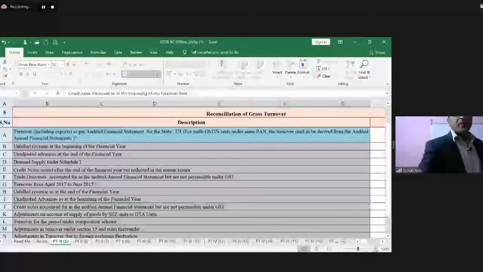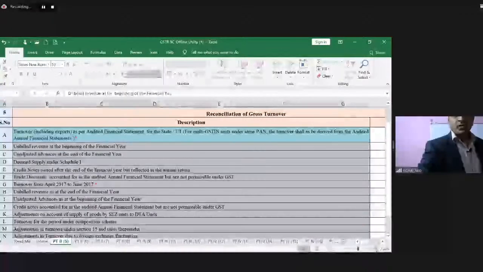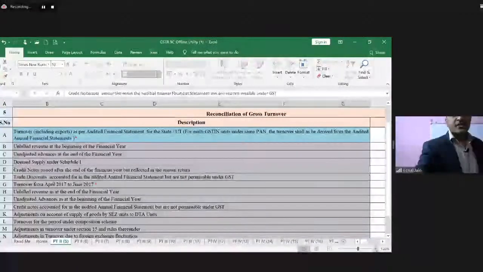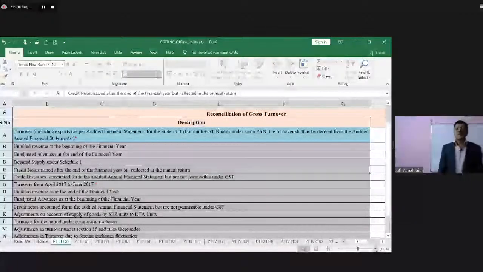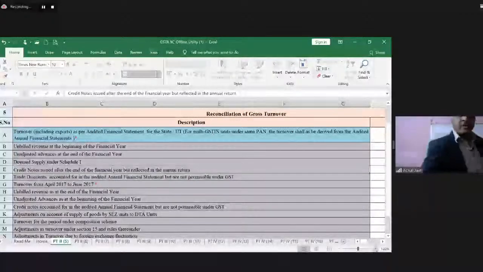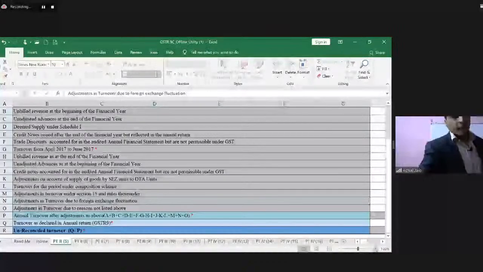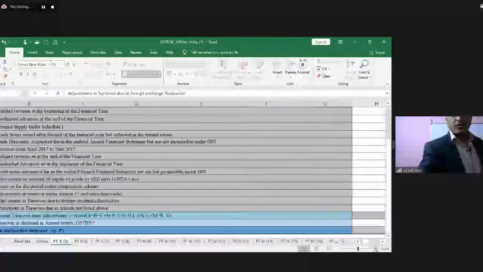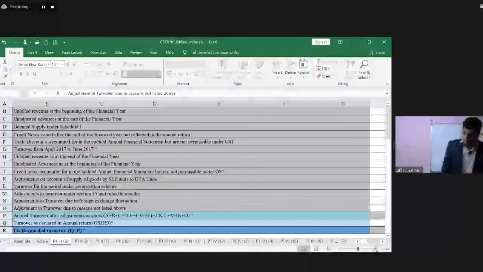For example, if we have something as unbilled revenue which may have been booked, if we have something in relation to credit notes, if there is any adjustment on account of trade discounts, if there is any adjustment on account of say forex fluctuation, all of these aspects will be required to be captured there.